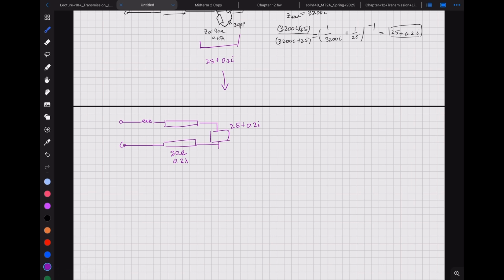Let me grab that. So on our cheat sheet, we have Z in equals Z0 times (ZL plus ...). What we can do is just plug it in.